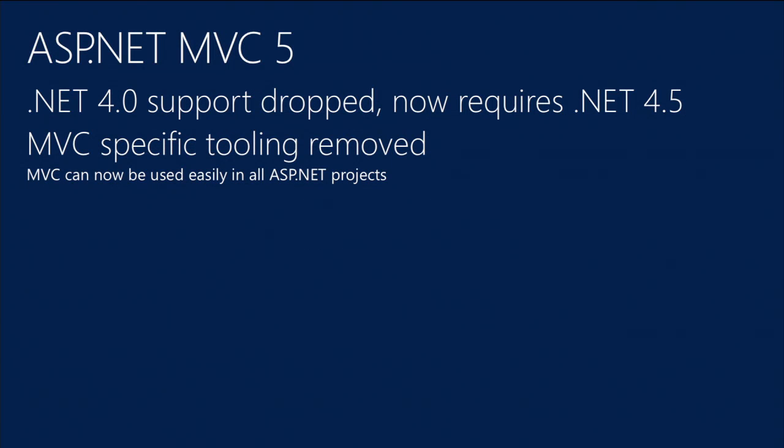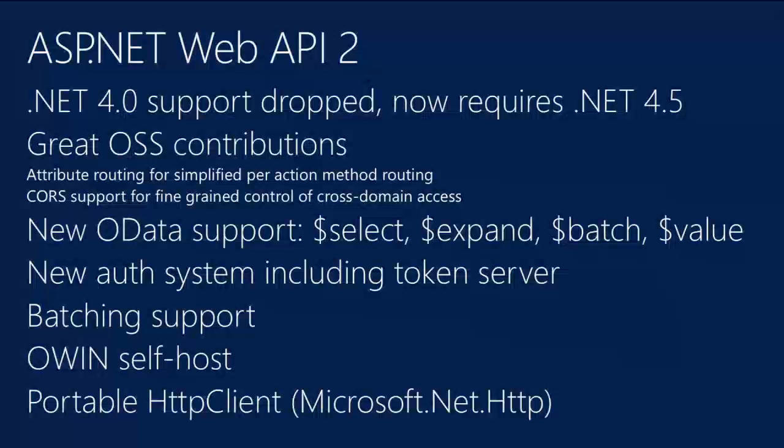ASP.NET MVC 5, .NET 4 support is dropped. Now requires .NET 4.5 on the server. No more MVC-specific tooling. It now just uses the new scaffolding system, the new project template dialog, and NuGet to do all of its package management, the same tools that you use in any flavor of ASP.NET. ASP.NET Web API 2, lots of changes. .NET 4.0 support dropped, now requires 4.5.